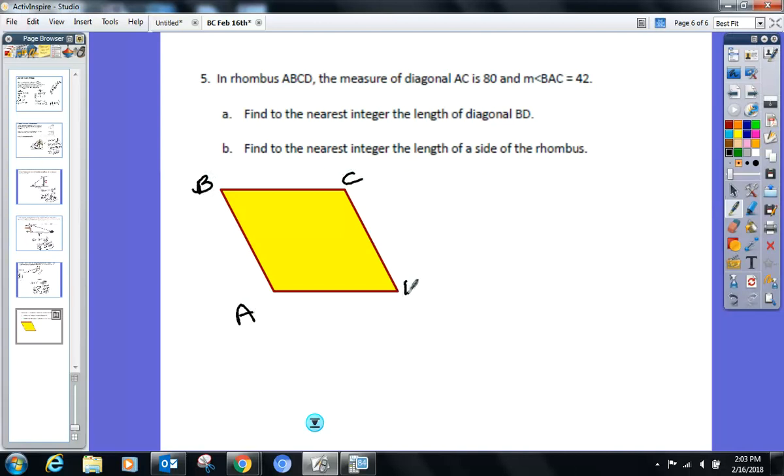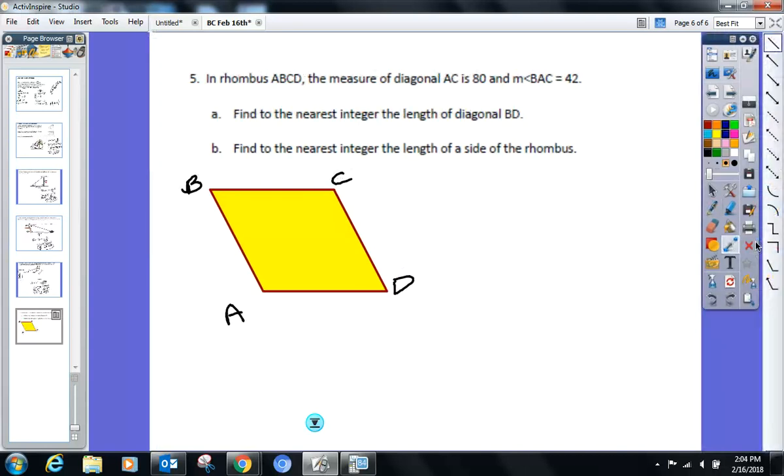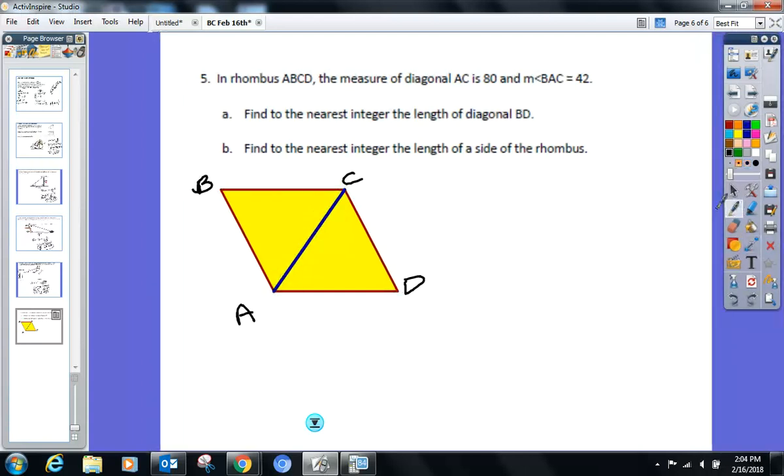Clockwise or counterclockwise, but not diagonally. Speaking of a diagonal, one of them's 80. AC is 80. And BAC, that angle you formed with the diagonal, 42 degrees. What's the length of the other diagonal? And it's not 40 because it's not a rectangle. Diagonals are not congruent in a rhombus.